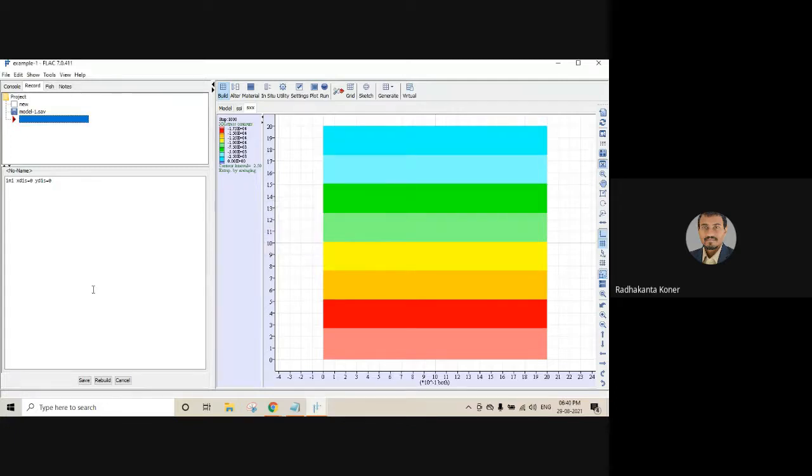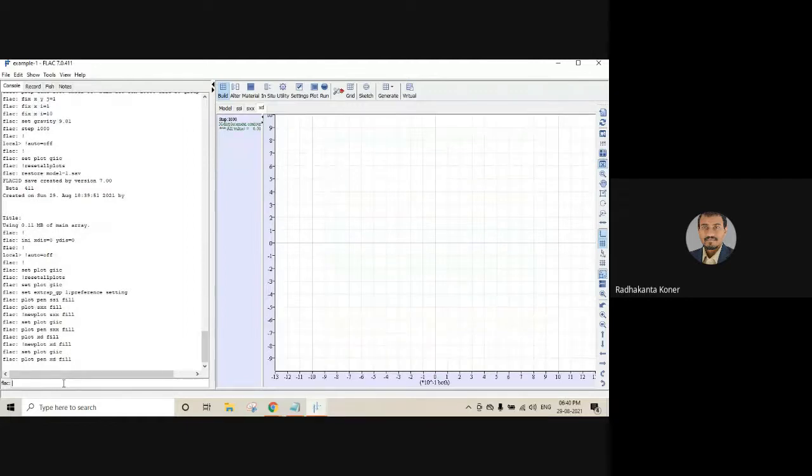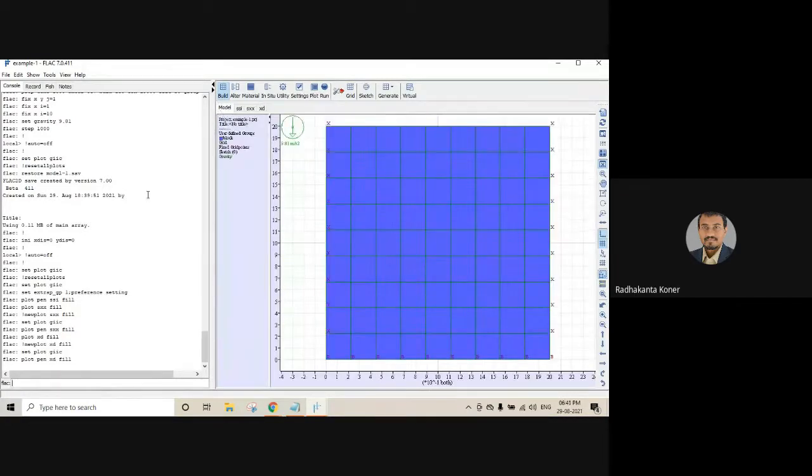Now plot the X displacement field. Plot the X displacement field. XD field. Okay, it's 0, perfectly 0. So we have negated the influence or effect due to the gravity. So now go to the model. Fine.